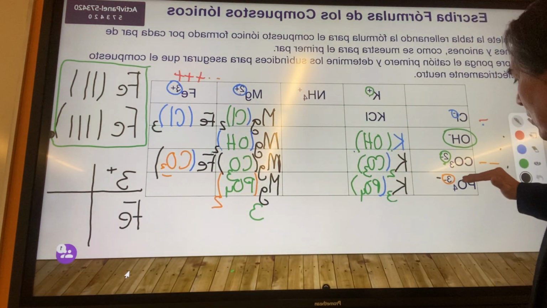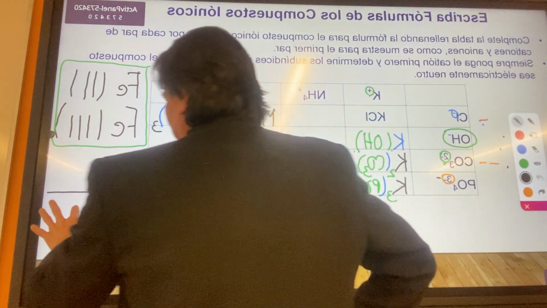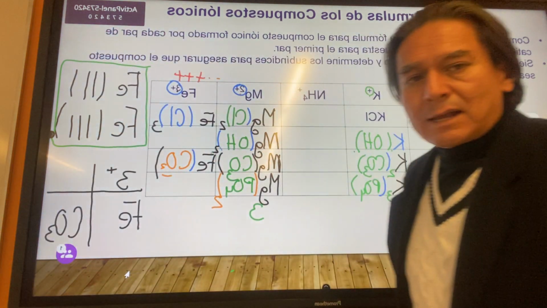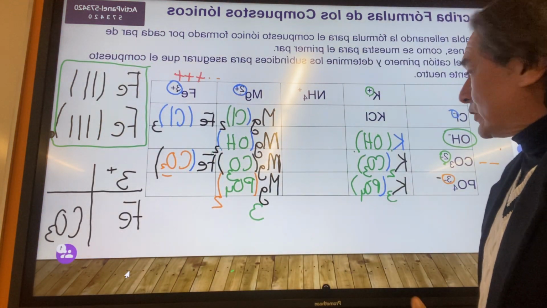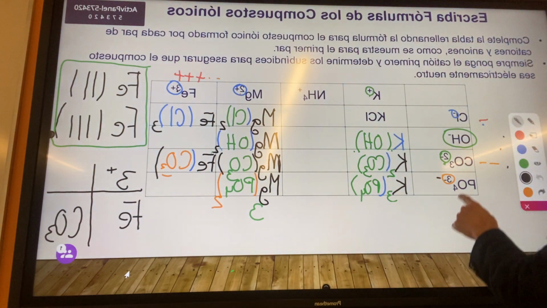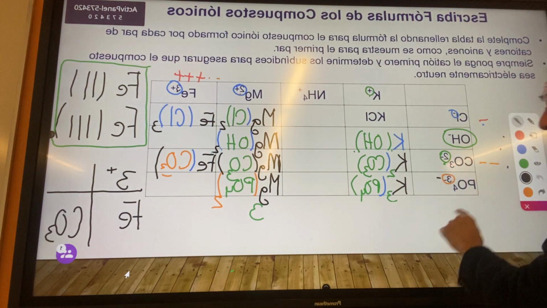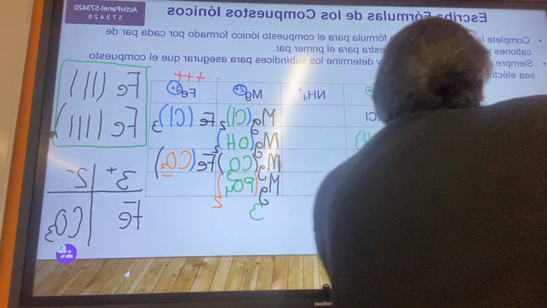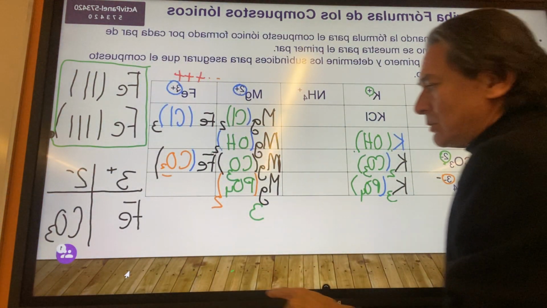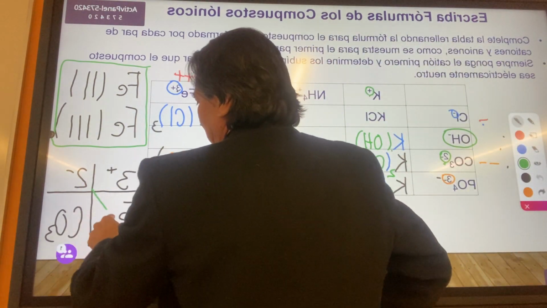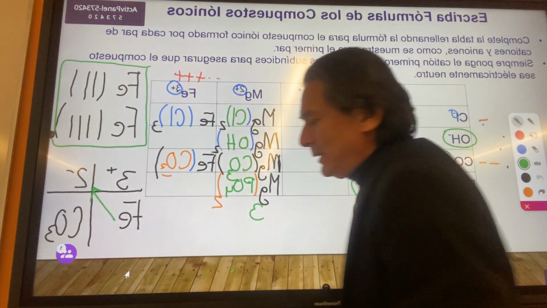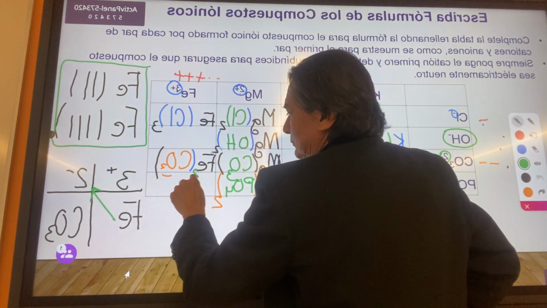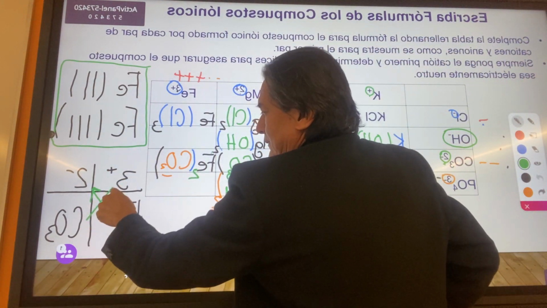We get the carbonate, and you ask how many electrons will the carbonate group accept, and we see that it has a -2. Now all we have to do is crisscross. It's going to be iron 2. You see, iron 2. Carbonate 3.